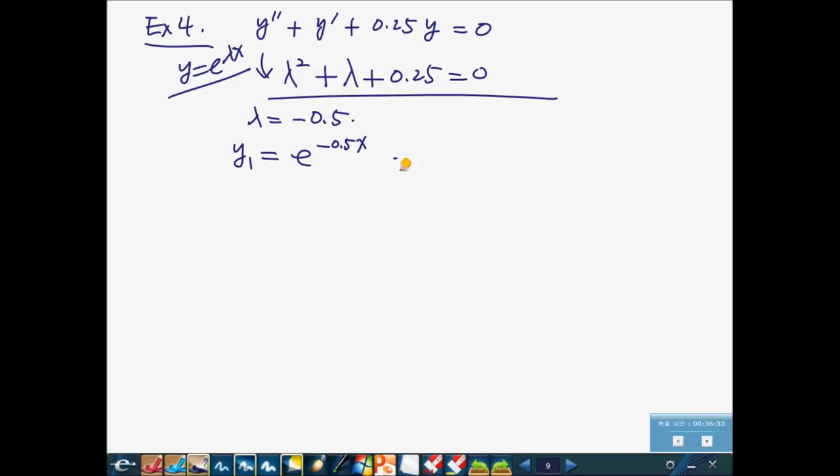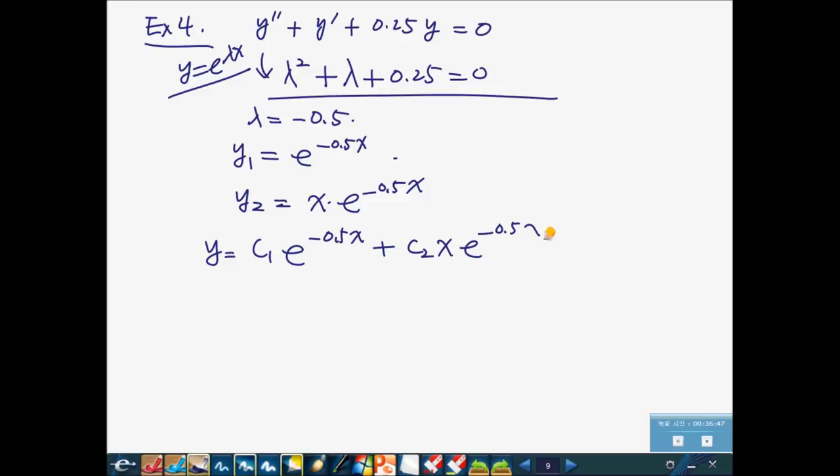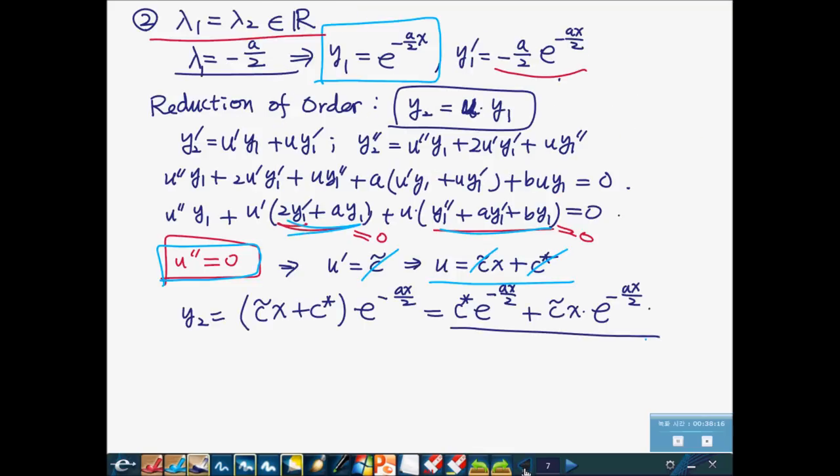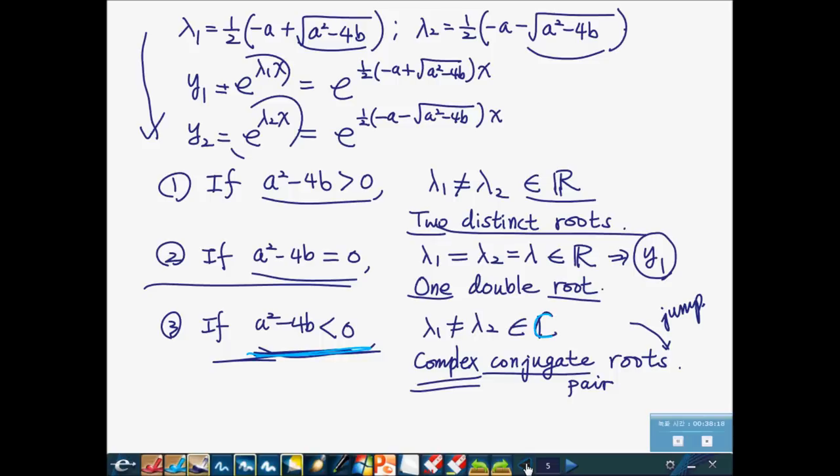The simplest one. Okay? So y2 will be x times e to the minus 0.5x. So your y will be c1 e to the minus 0.5x plus c2 x e to the minus 0.5x. So for the third case, the negative numbers. Okay?